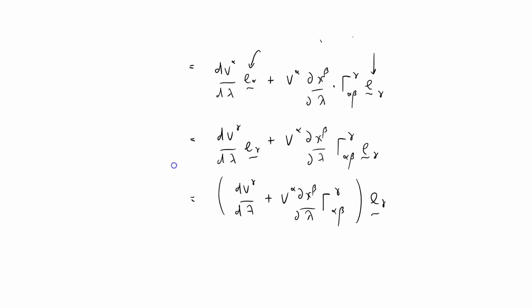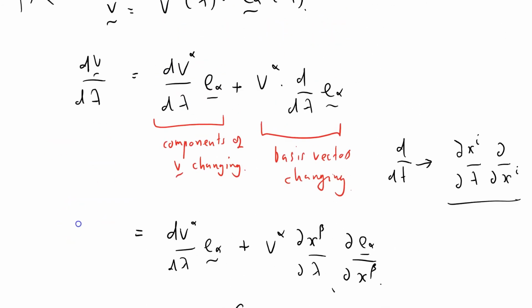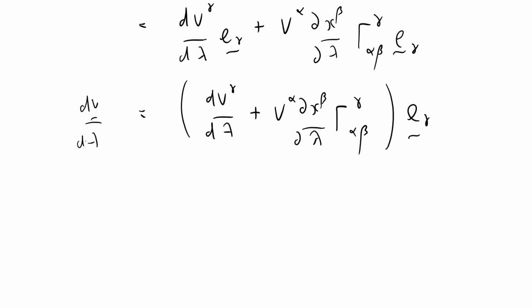What was this thing? Sorry, a little glitch there. What this thing was, dv by d lambda. So that's dv by d lambda equals this thing here.